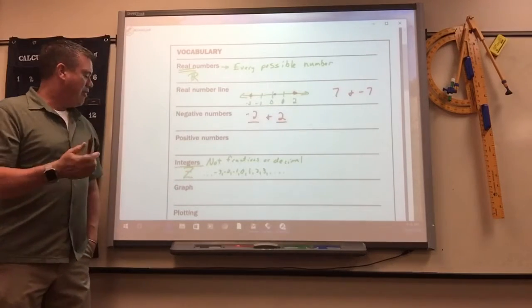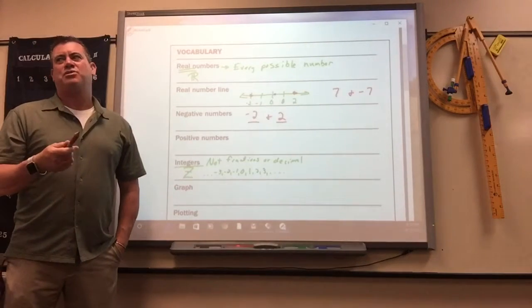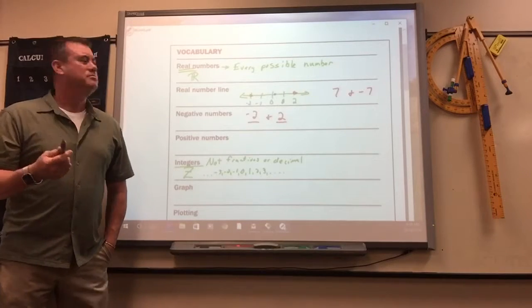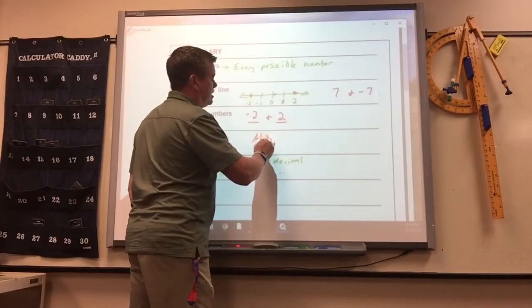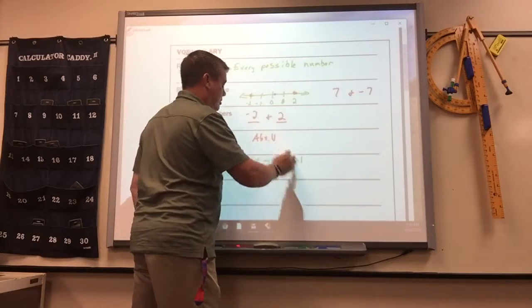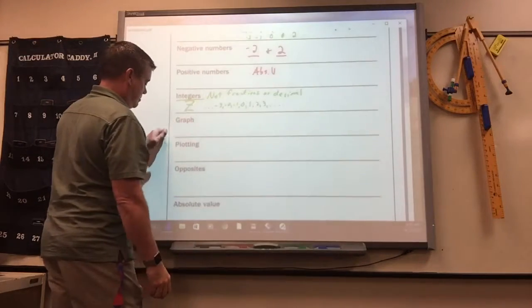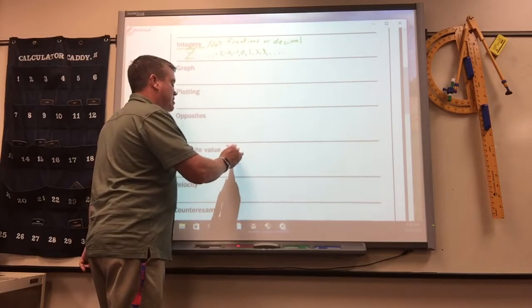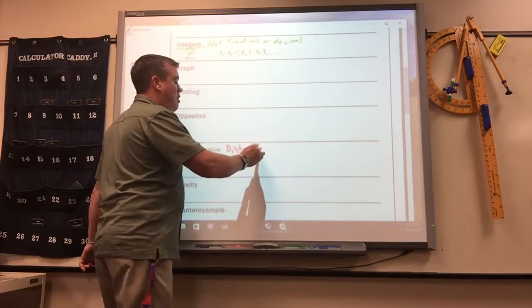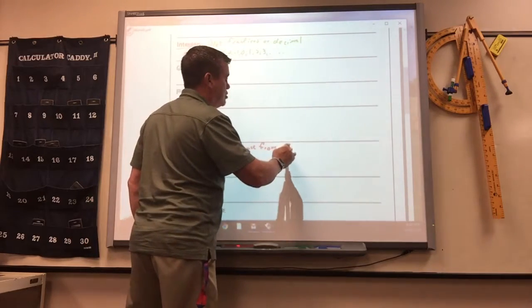Opposites has to do with absolute value. Absolute value definition is the distance from 0.